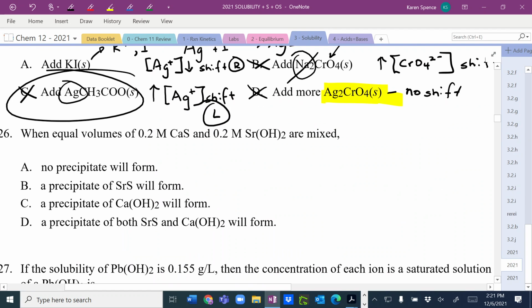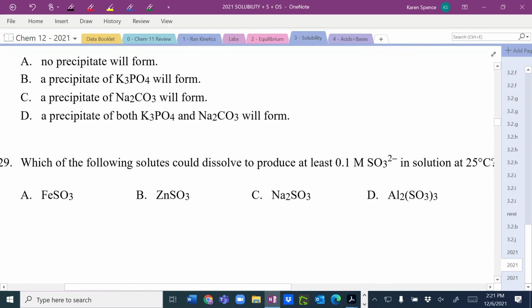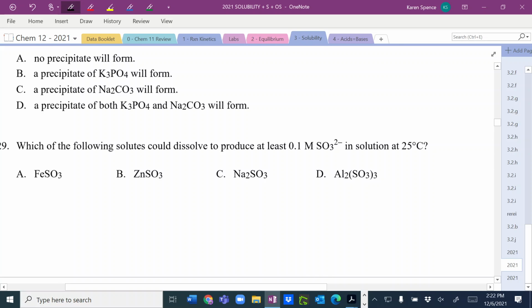Okay, 29. Which of the following solutes could dissolve to produce at least 0.1 molar? Now, what's special about 0.1 molar? Oh, 0.1 molar means that you have a compound that is soluble.